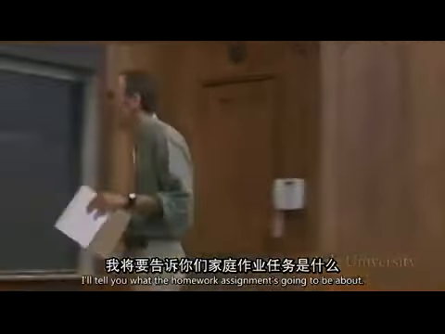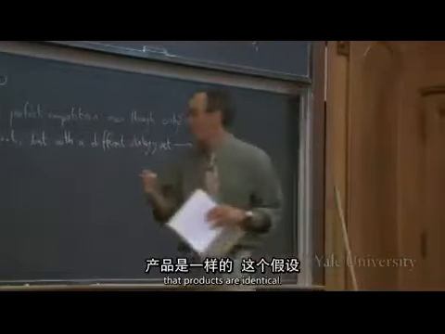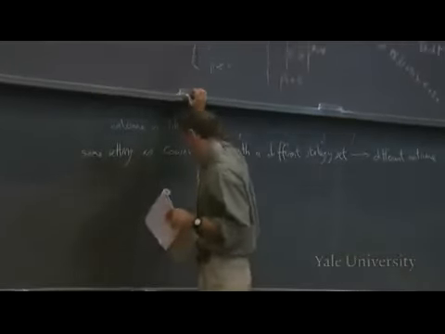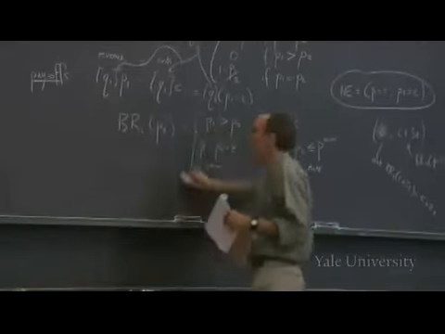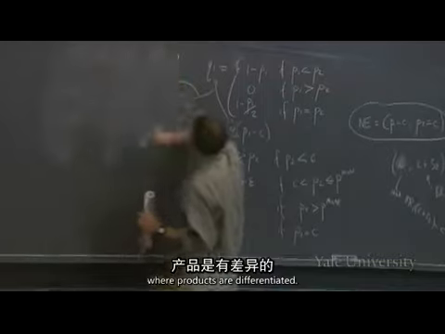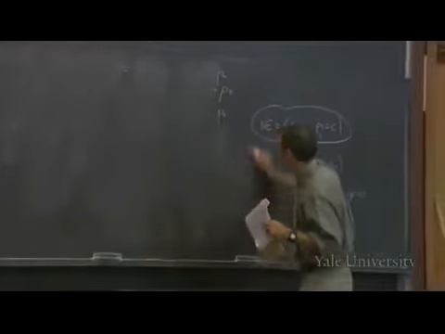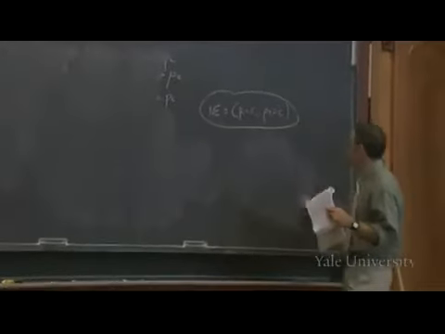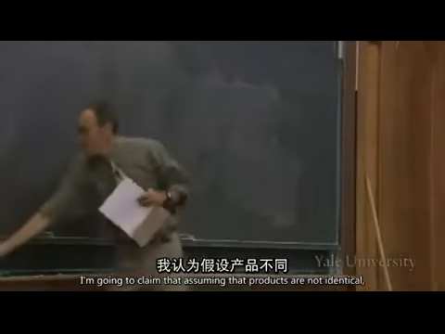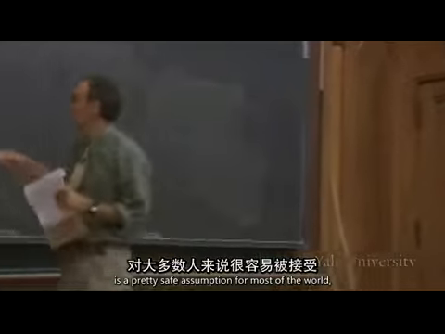The assumption we're going to change is the idea that products are identical. So we're going to look at a case where products are differentiated. I need a new board. And I'm going to claim that assuming that products are not identical is a pretty safe assumption for most of the world, for most things that you're going to see in the world.